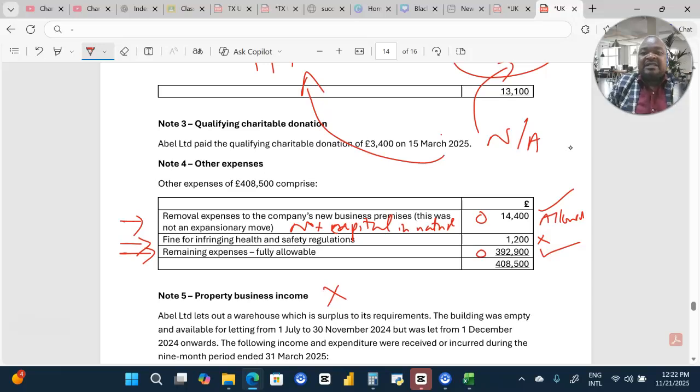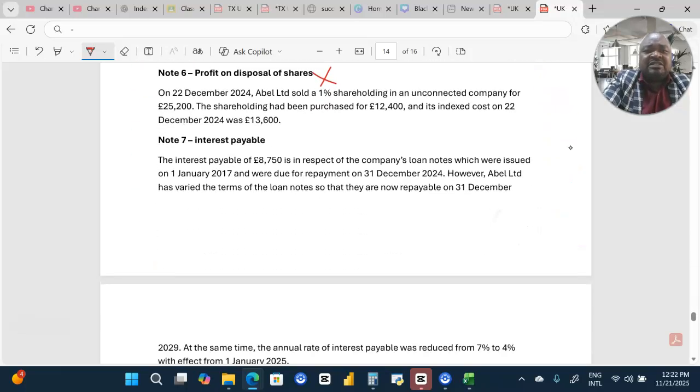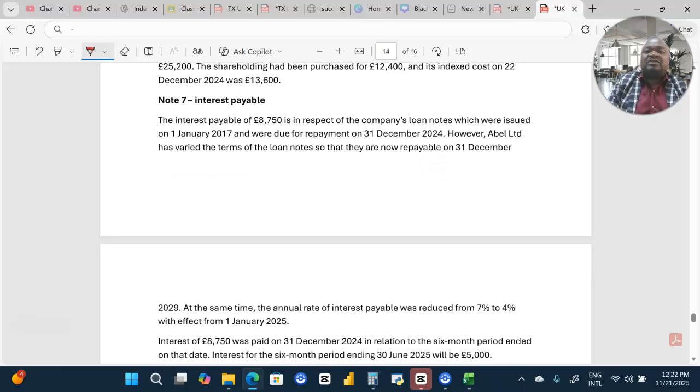All right. I think for trading income, there was note number 7. The examiner talks of note number 7. The interest payable of 8,750 is in respect of the company's loan notes which were issued on 1 January 2017 and were due for repayment on 31 December 2024. However, Apple Limited has varied the terms of the loan notes so that they are now repayable on 31 December 2029.